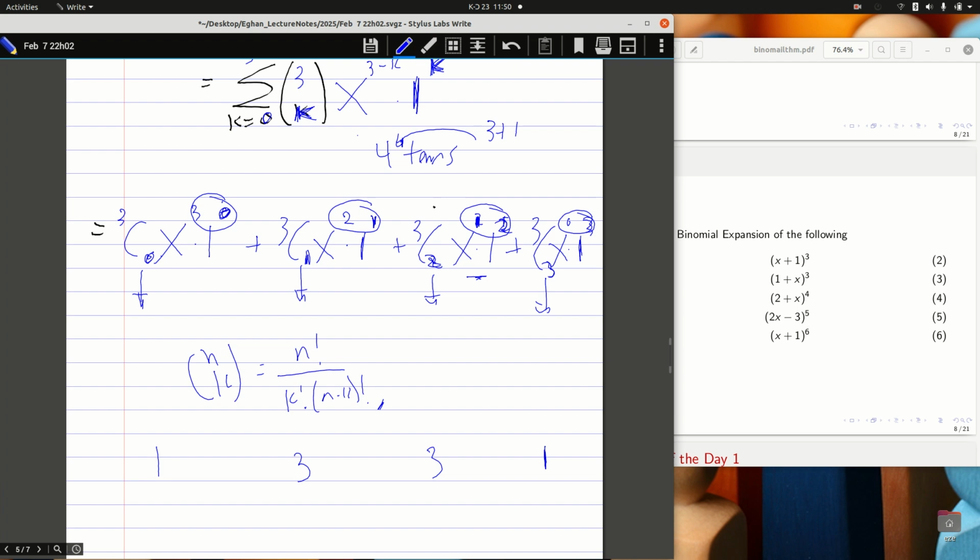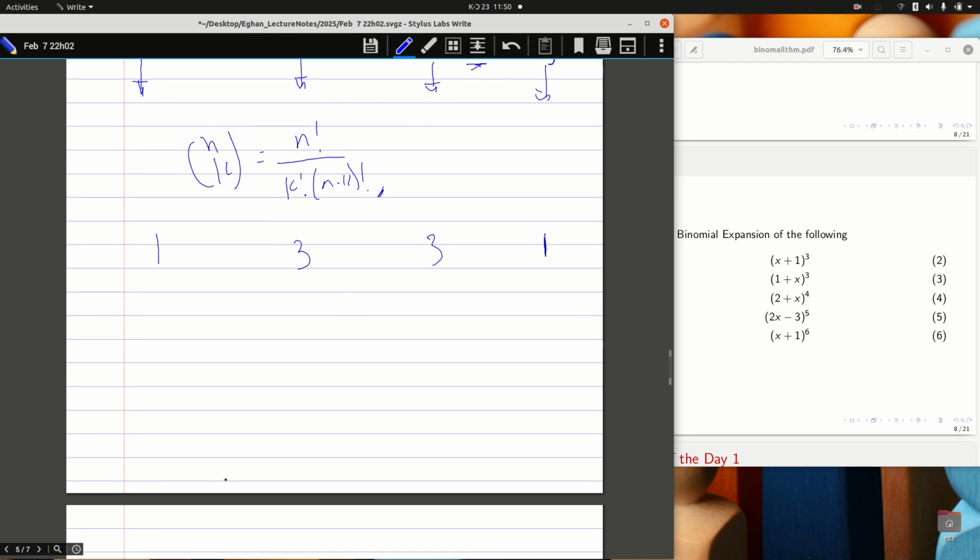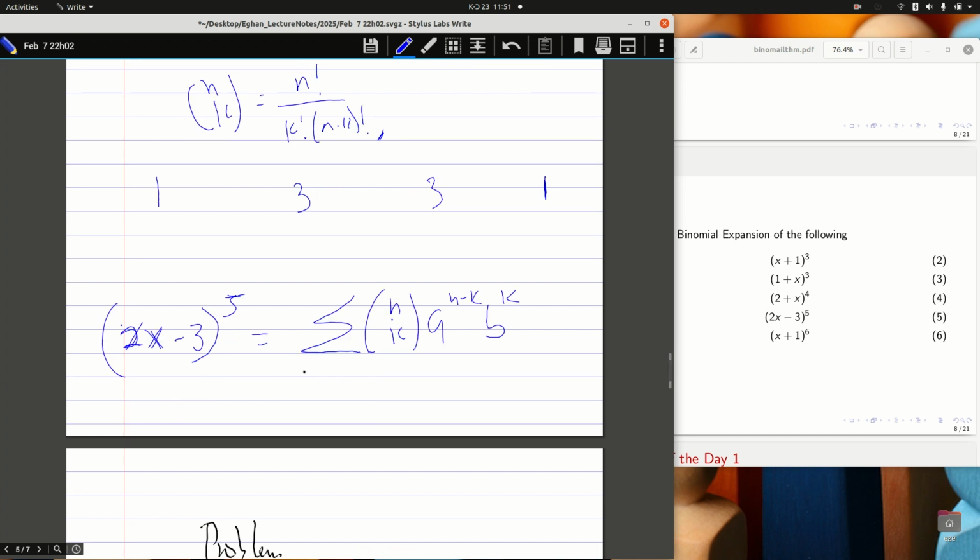Okay, if I want to go on and try, let's take the 2x, 2x minus 3, all to the power 5. If I want to solve this, I know the same as summation of nCk, a to the power n minus k, b to the power k, where k runs from 0 to n.